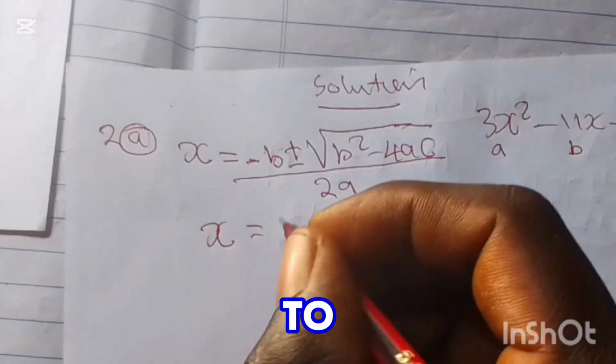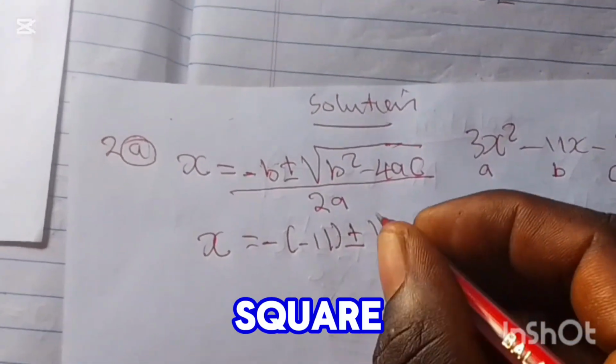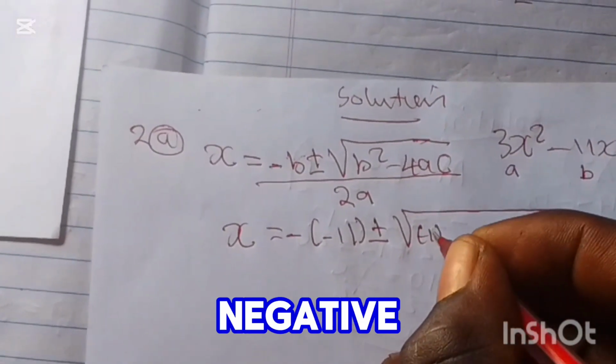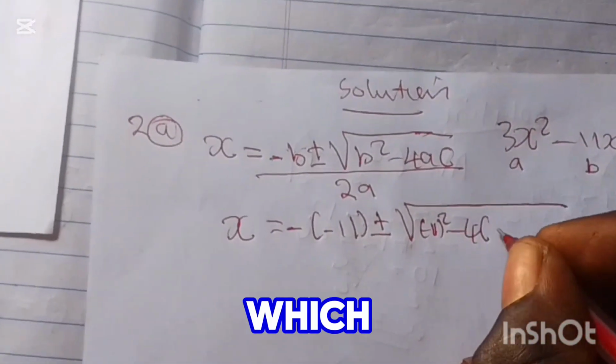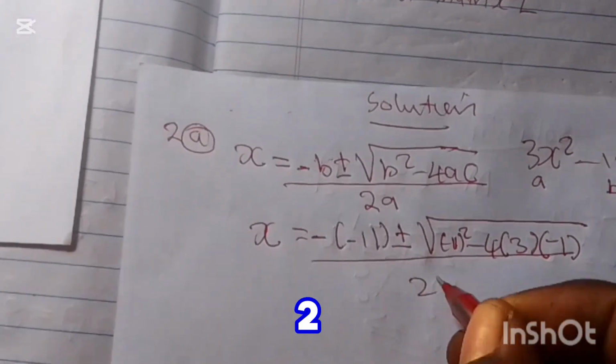So x is equal to negative b, which is negative 11, plus or minus the square root of b, which is negative 11 squared, minus 4 times a, which is 3, times c, which is negative 1, divided by 2 times a, which is 3.